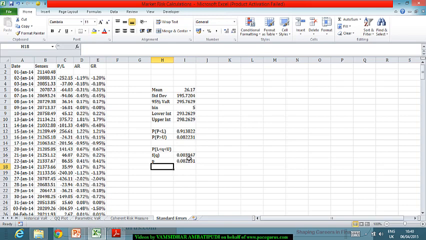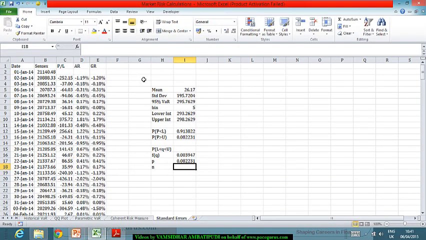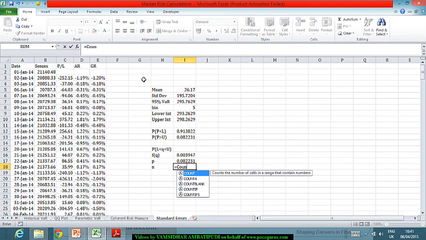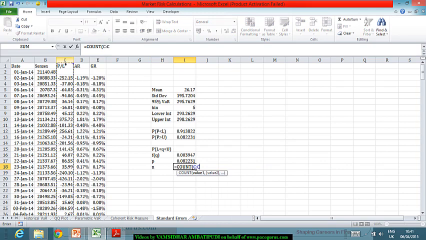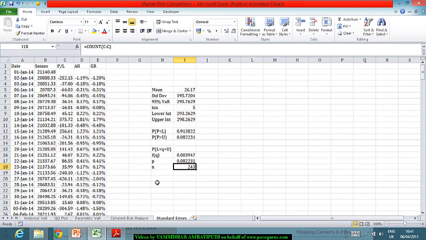So the tail part is what I'm looking at. This is my p, and this is f of q. And based on this n, which is the sample size, I can do the counting on what sample size this number is arrived at. So based on a sample size of 243, I got this number.